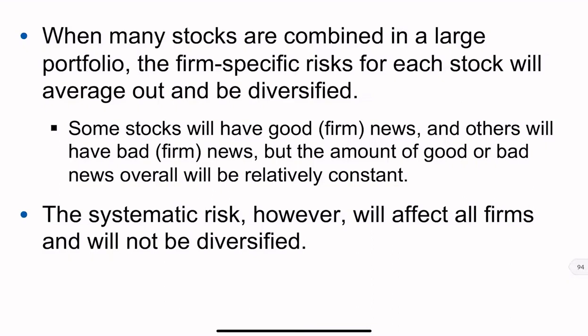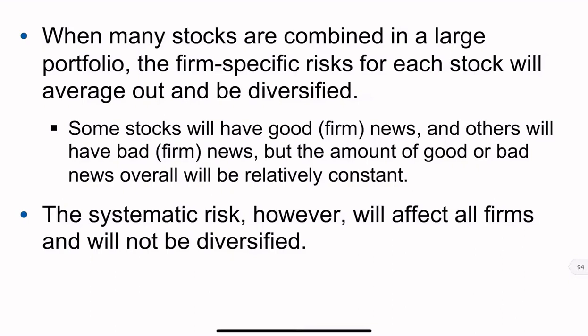This good news and bad news will actually cancel out with each other. So the firm-specific risks for each stock will average out. It basically means that the amount of good or bad news overall, on the portfolio level, will be relatively constant.